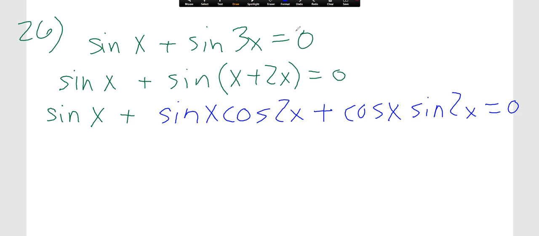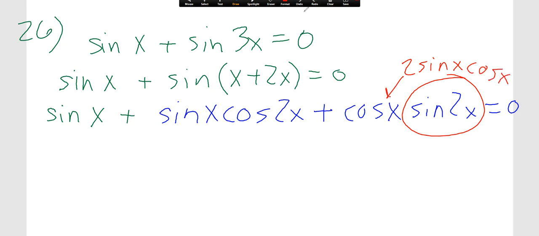Now, let's see. What are you going to substitute for this one right here, sine 2x? Isn't that 2 sine x cosine x?